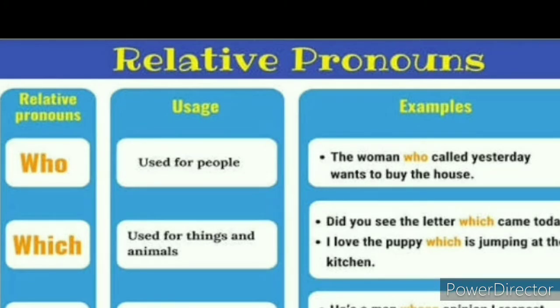You know that naming words are called nouns. Am I right? Naming words are called nouns. A pronoun is a word that takes the place of a noun. So what are the types?